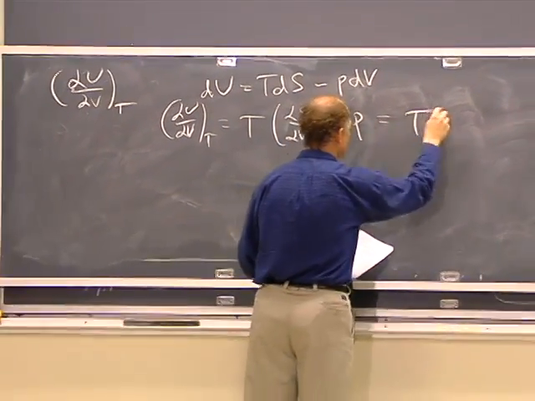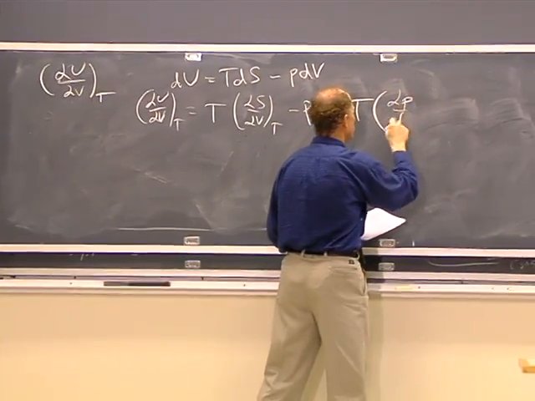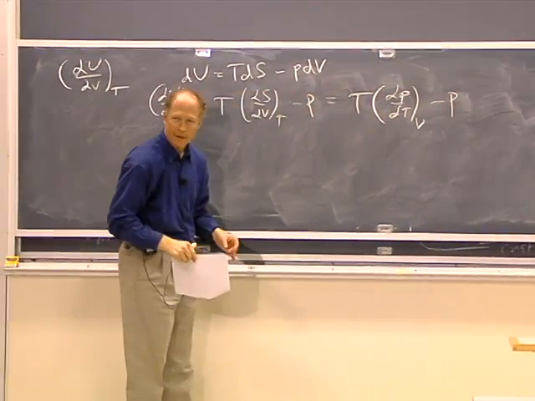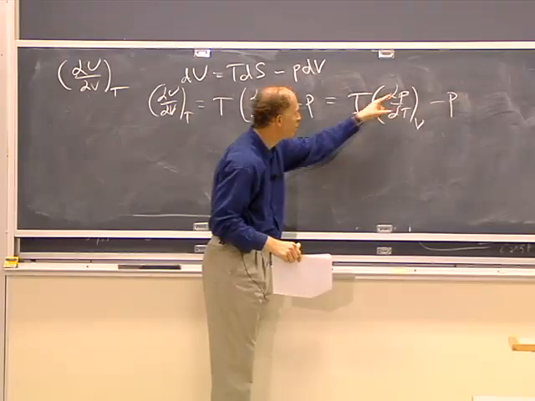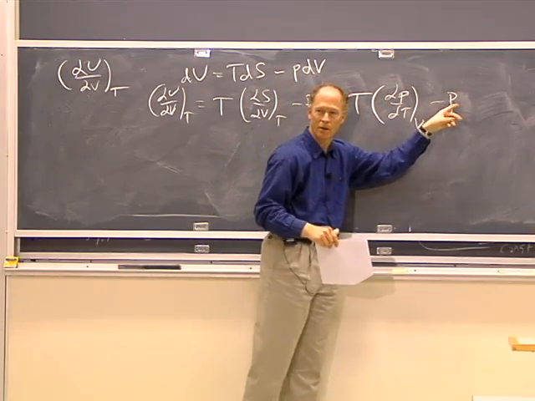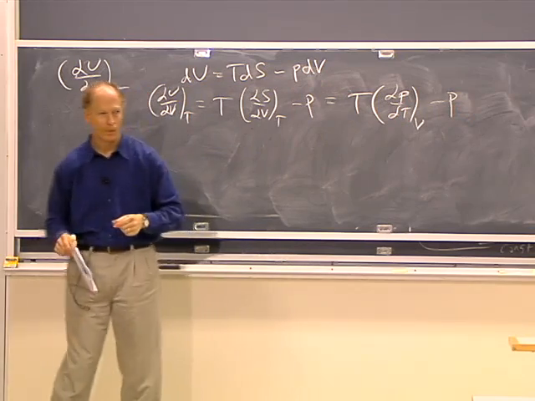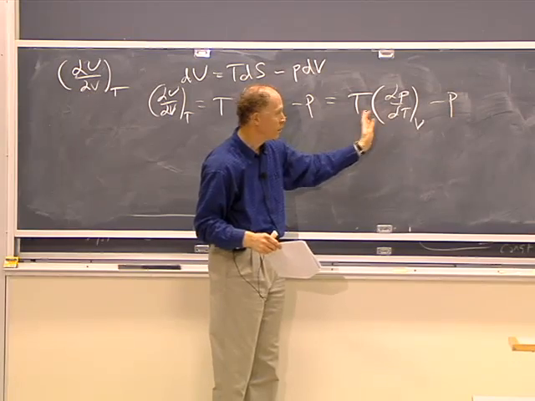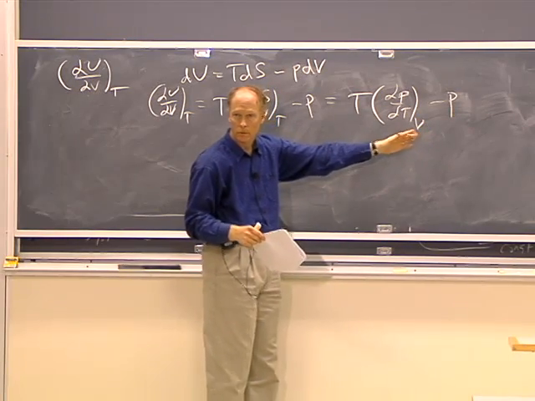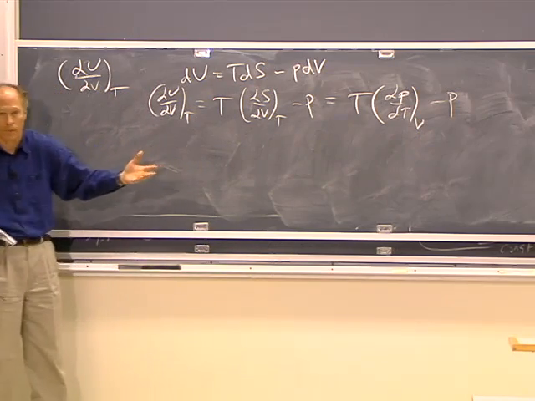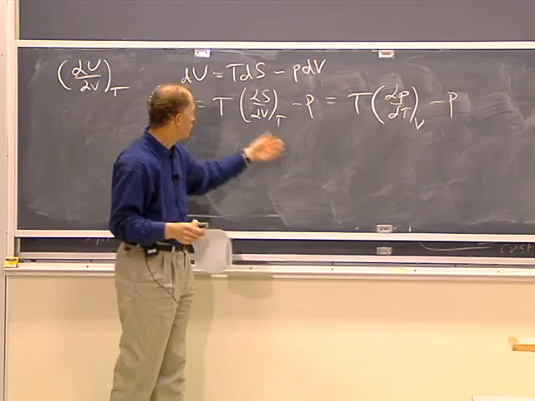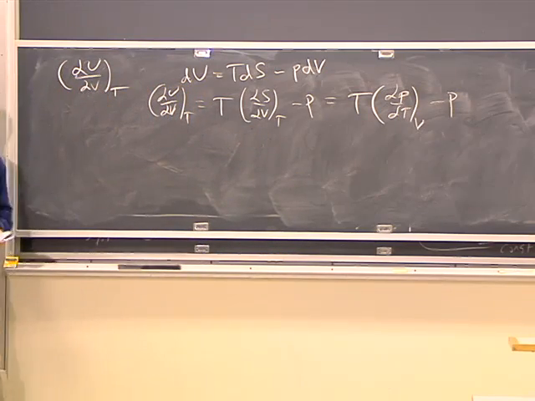So in other words, we can write this as T dP/dT at constant V minus P. Let's just check: T, P, T, V, P. In other words, we just have pressure, temperature, and volume. Again, if we know the equation of state, we know all this stuff. So again, we can measure equation of state data, or if we know the equation of state from a model, ideal gas, van der Waals gas, whatever. Now we can determine U from equation of state data. Terrific.